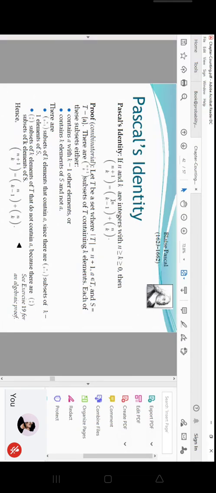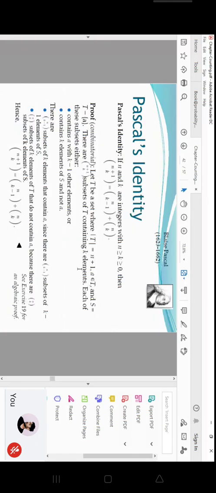So the Pascal triangle, if we frame it from this Pascal identity, forms a triangle something like this. That is the formula of the Pascal identity.